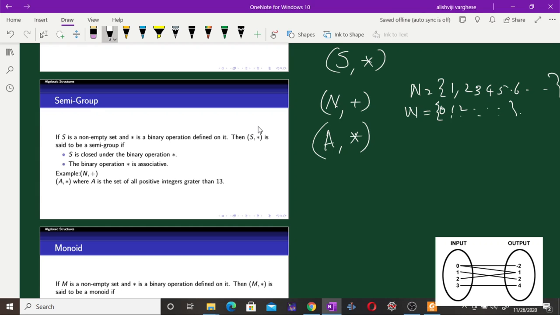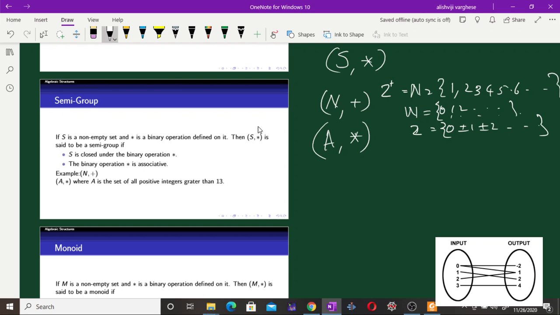And if we consider the set of all integers, we use Z is equal to 0, plus or minus 1, plus or minus 2, etc. And this N is also denoted by Z plus, the positive integers. So that's our representation.